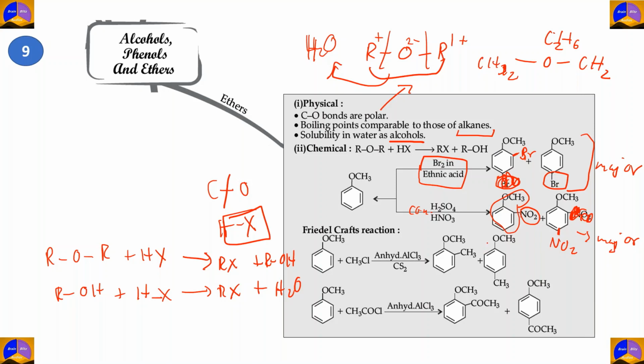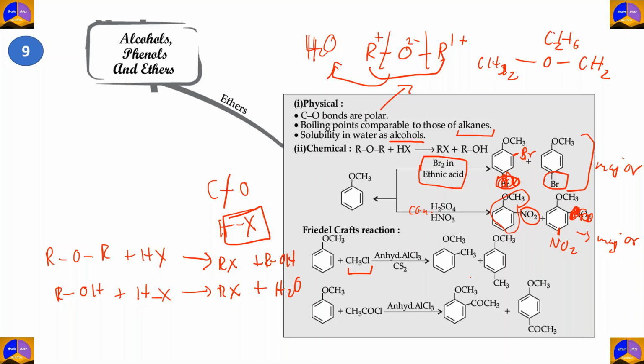Let's look at another named reaction, which is pretty important, and it's known as the Friedel-Crafts reaction. In the Friedel-Crafts reaction, we take an alkyl halide and react it with an ether in the presence of anhydrous AlCl3 to form compounds.